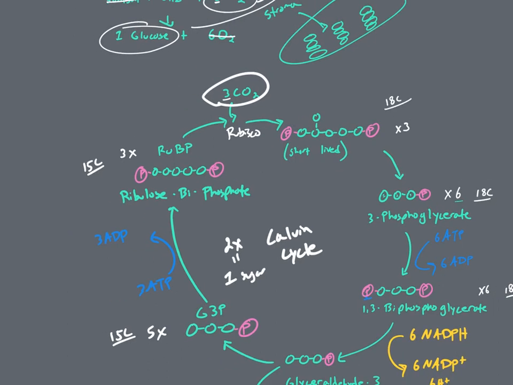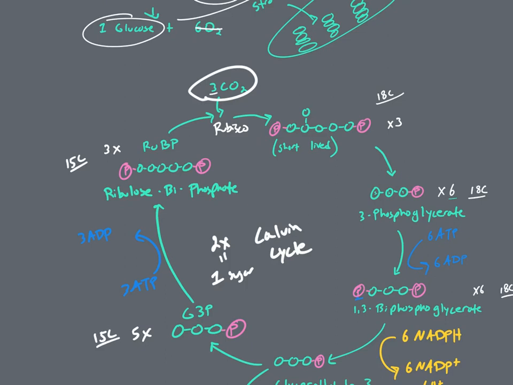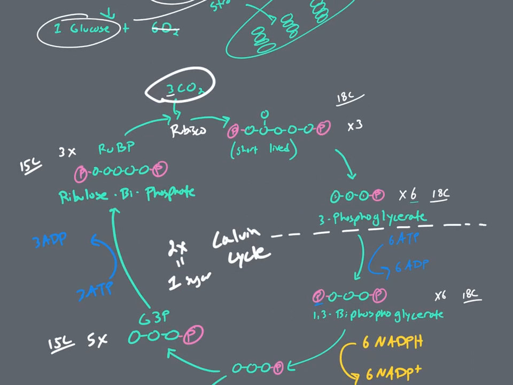The last part to identify for this is breaking this cycle up into a couple of different phases. The first phase, I'll use some white dotted lines to show.